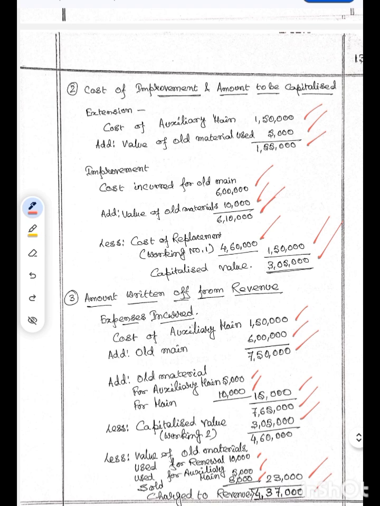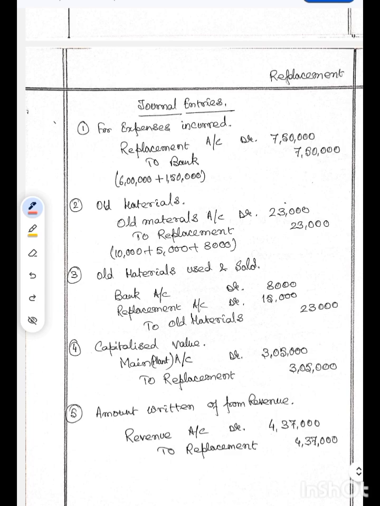Okay, next. Here come to journal entries. First entry, expenses incurred. Here total expenses we have considered. Replacement account debit to bank 6 lakh and 1,50,000, that is 7,50,000. Therefore old material, total old material 23,000, 10,000, 5,000 plus 8,000, 23,000.